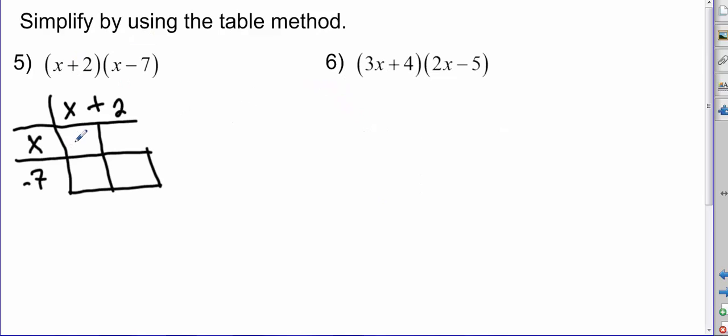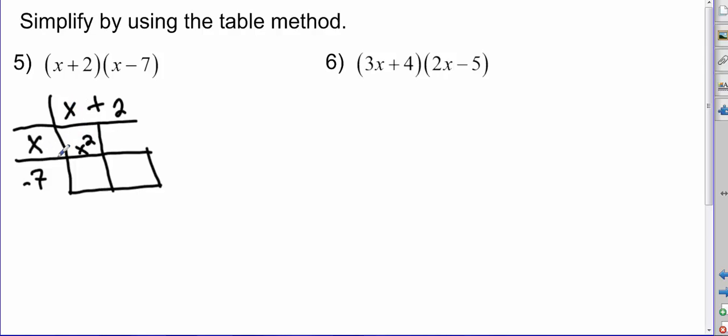All right, for number 5, I went ahead and drew our table just because I wanted to save a little bit of time, and plus I'm pretty sure that you guys are confident in my ability to draw a little table. So now all we have to do is go to the corresponding box and perform the multiplication that's going to happen there.